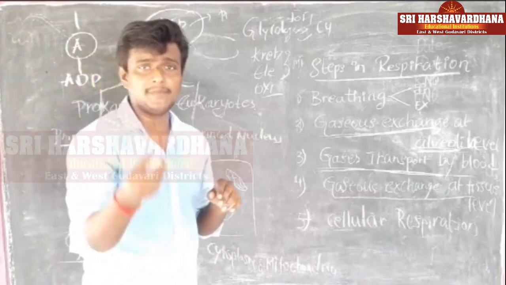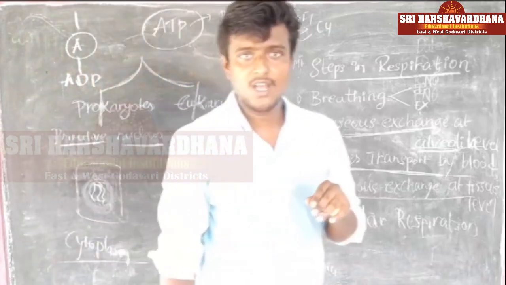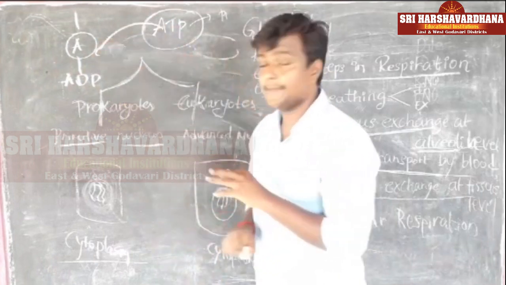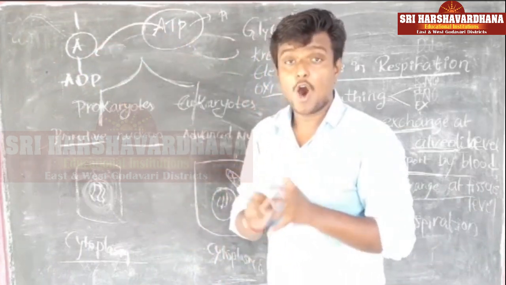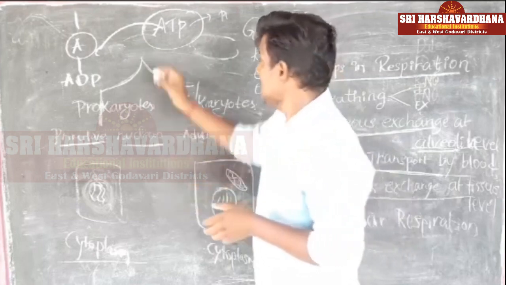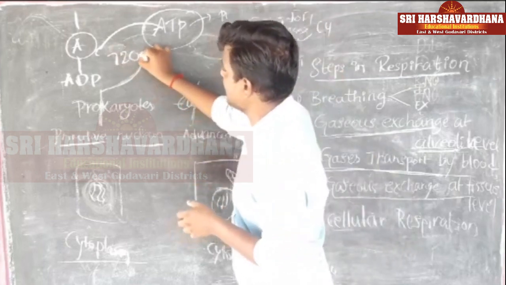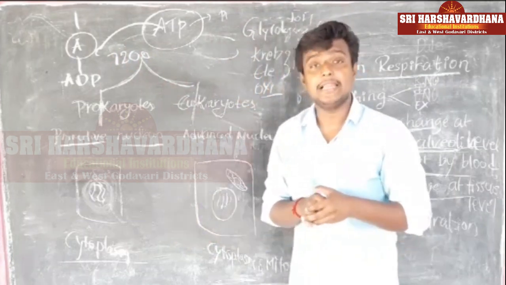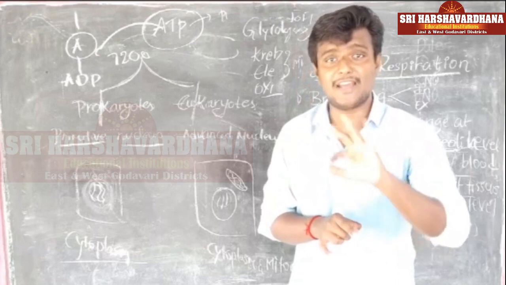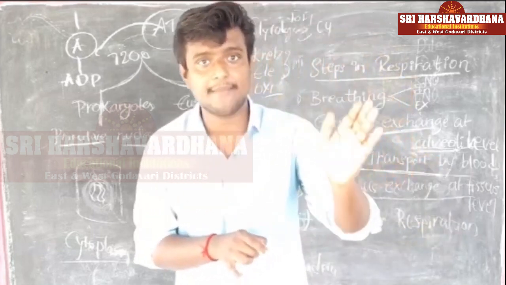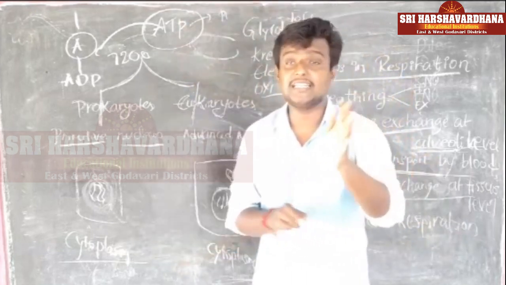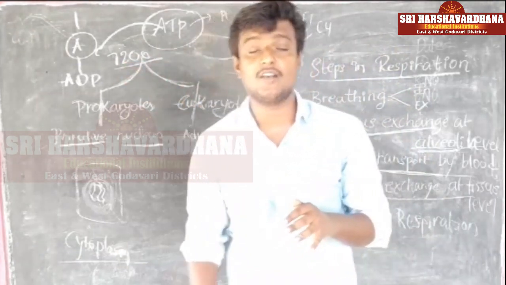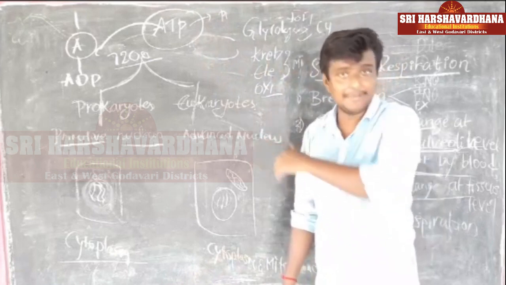In that process a little amount of energy is liberated. Each and every ATP, when converted into ADP, liberates 7200 calories of energy.